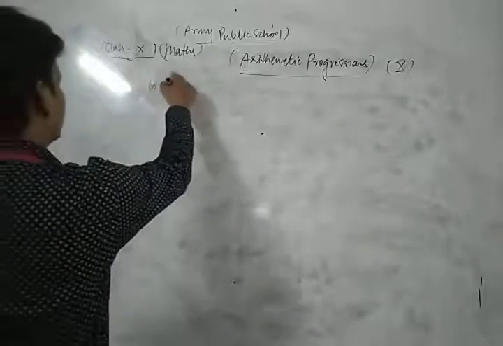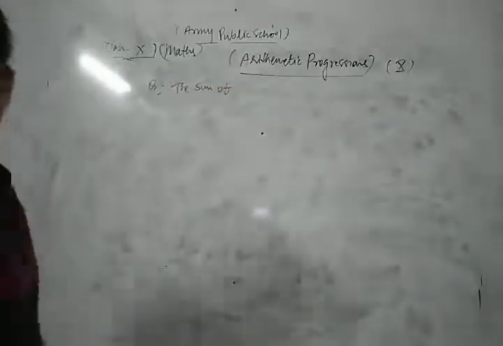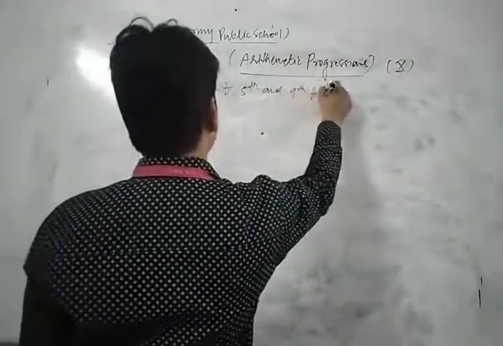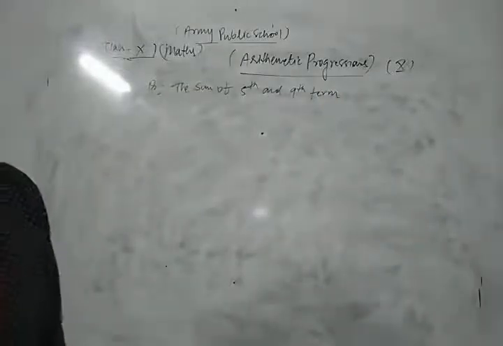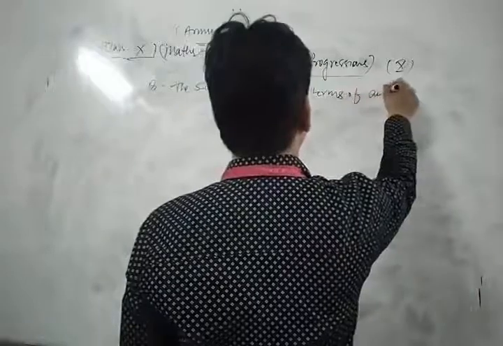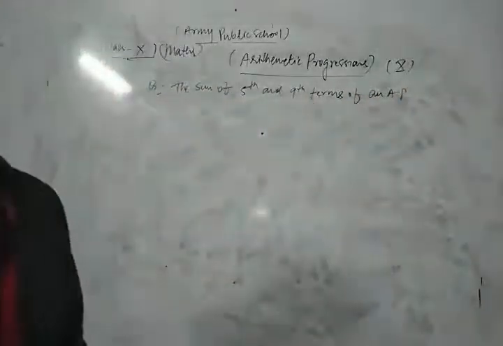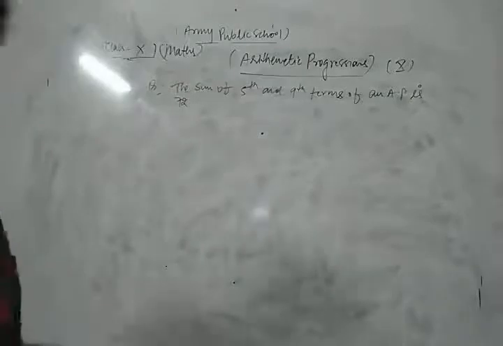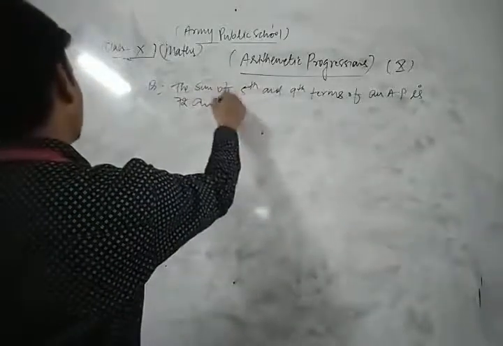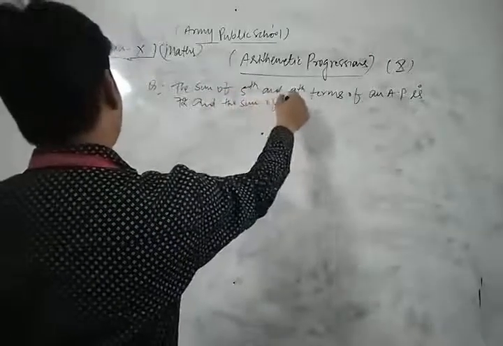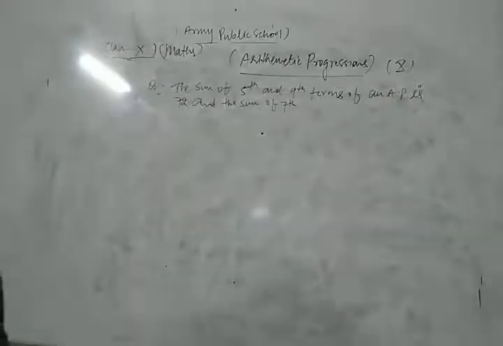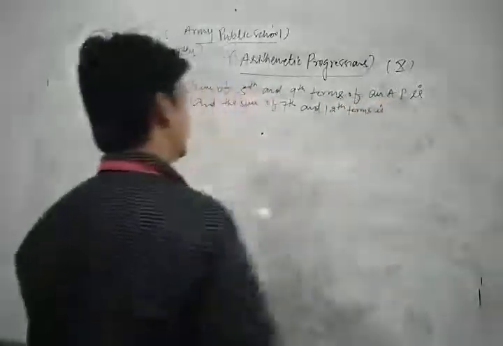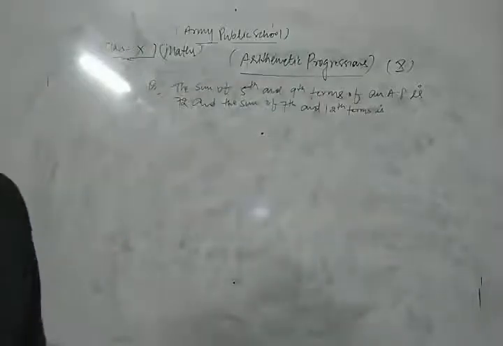The sum of the fifth and ninth terms of an AP is 72, and the sum of the 7th and 12th terms is 97.